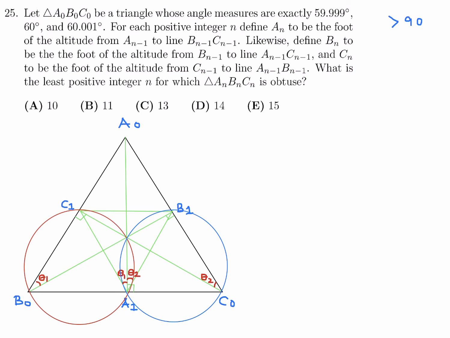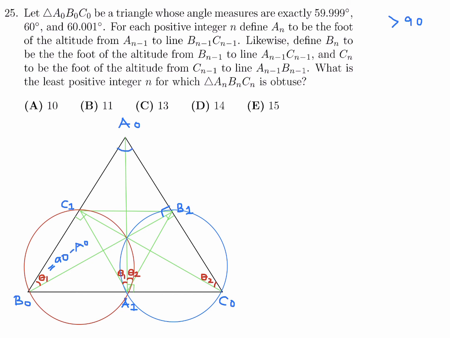All right, so now let's start calculating some of the A1, B1, and all that stuff. So this was 90 degrees, right? So this is also 90 degrees here. So that means that if you look at this triangle right here, theta 1 is equal to 90 minus angle A0.